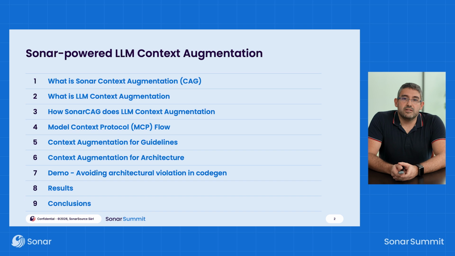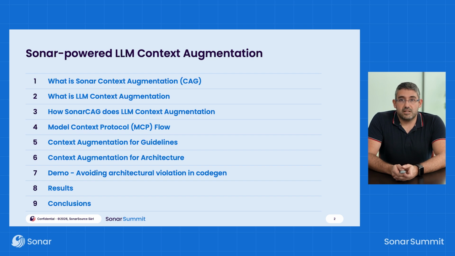So here is the agenda. We are first going to say what is Sonar context augmentation. Then we're going to talk in general about what is context augmentation for large language models before digging into the details. So how SonarQube does this context augmentation, and we're going to talk about Model Context Protocol.